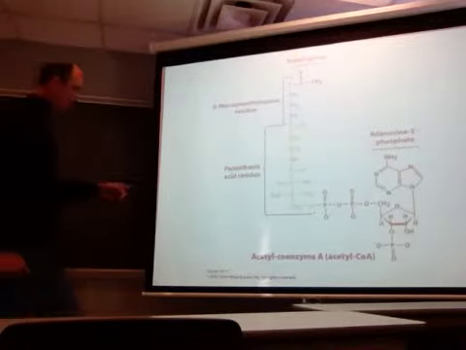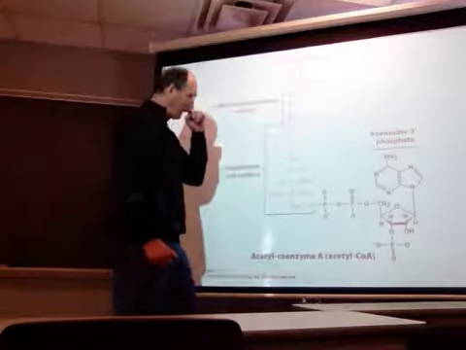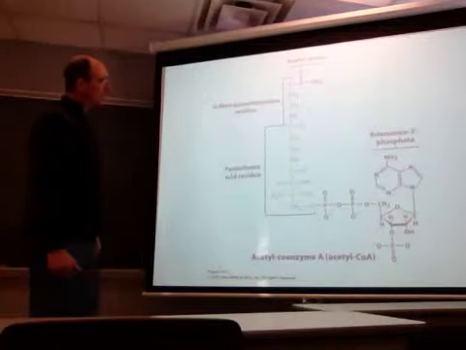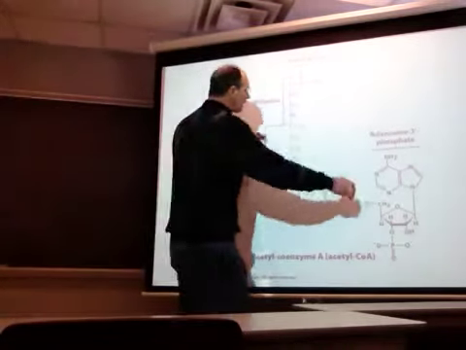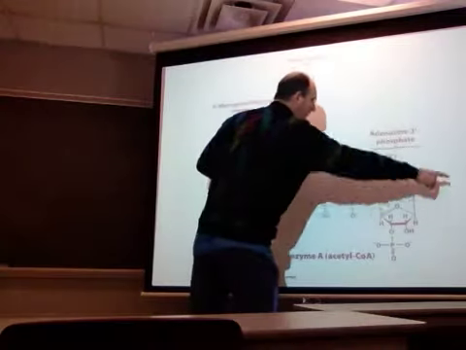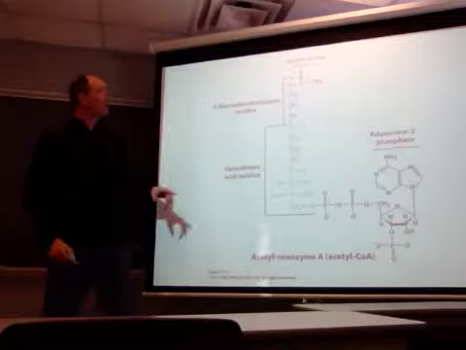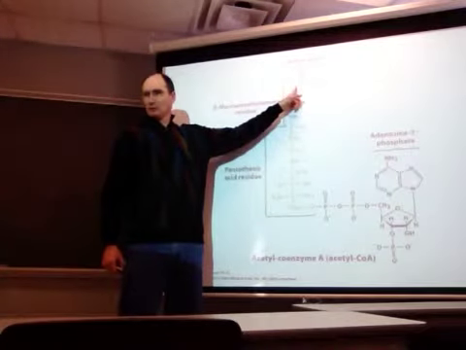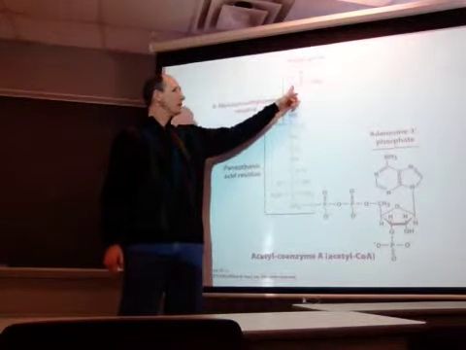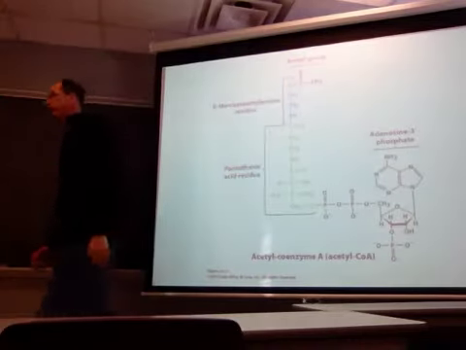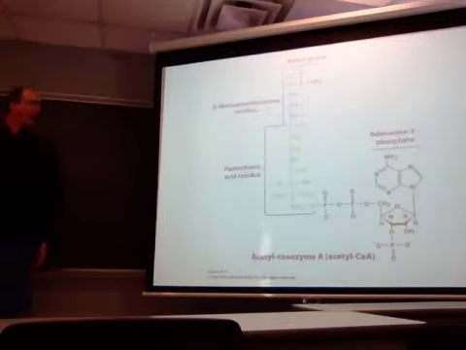So this is acetyl-CoA. All of this is just used for enzyme recognition. The real meat of the chemistry is right here for coenzyme A. This sulfur group.